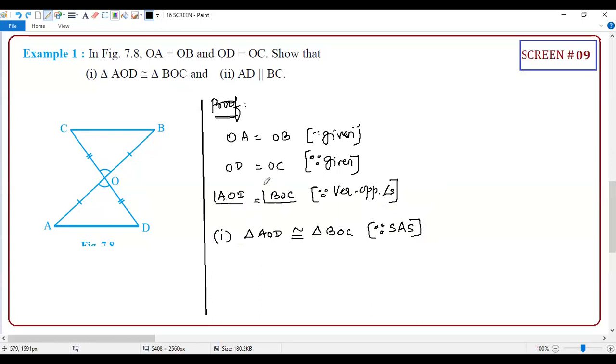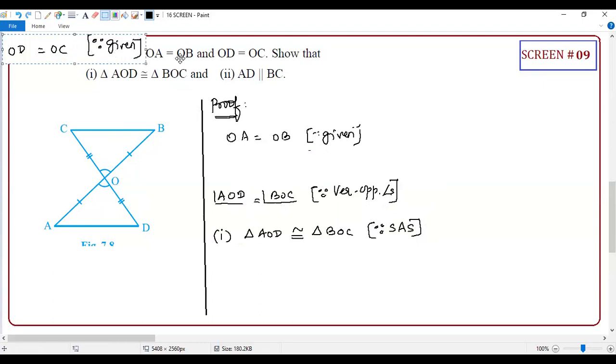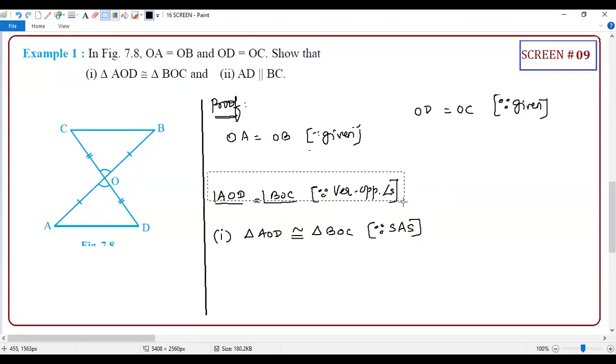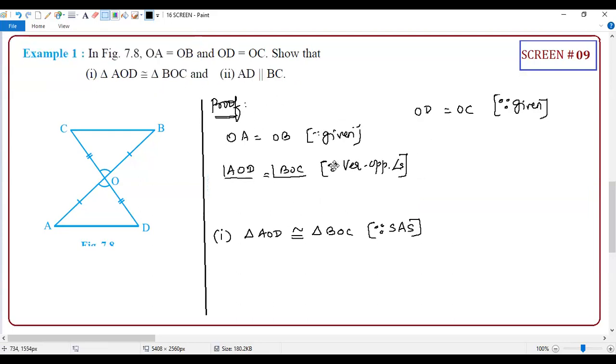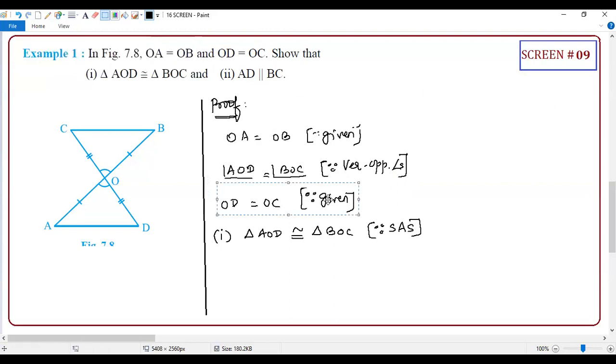Maybe I can put this angle inside so that you will understand better. You can write this way also, not an issue. Side, angle, side. So triangle AOD is congruent to triangle BOC. It's proved. Number 1 proved.